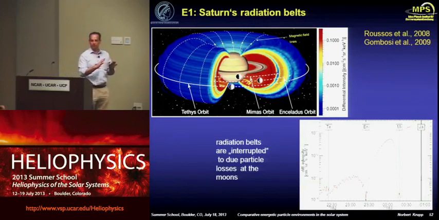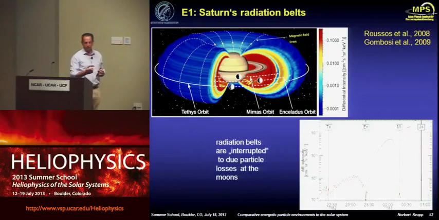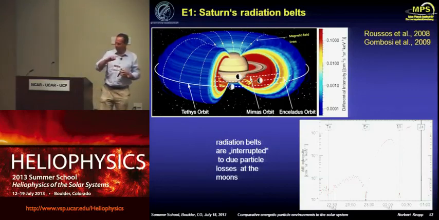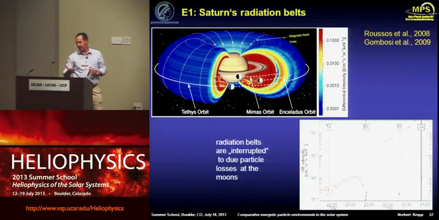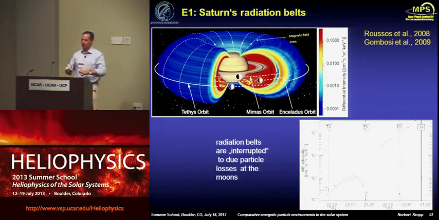This gap is then usually filled again by diffusion processes, with some diffusion coefficients, and the result is what they call a macrosignature for all the moons. At all longitudes and at all local times, there is a sort of gap of particles because of the losses onto the moons.